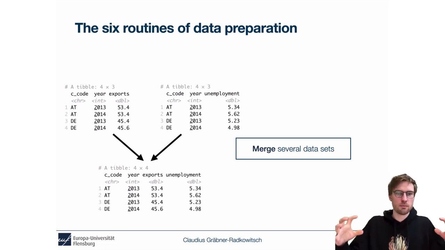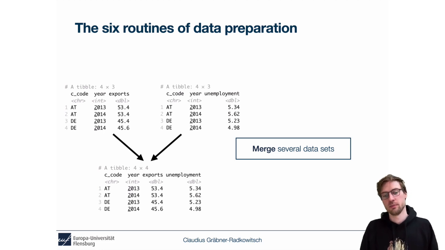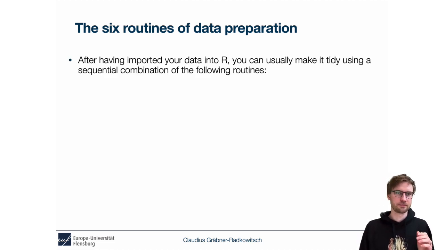So you would need to merge these two data sets into one so that you can work on this one to create a nice visualization relating exports to unemployment or do some data analysis. So merging several data sets is very important. It happens frequently. There are actually many different ways of how you can merge data sets with each other, but we will delve into this in a second.